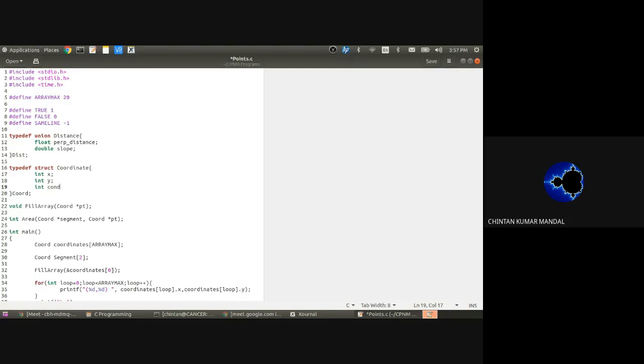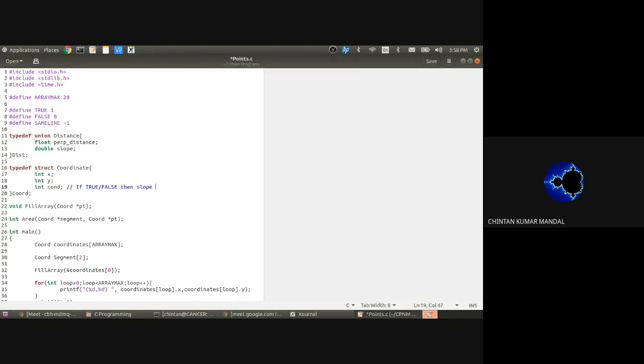Okay, so the condition is basically something like this. Okay, good. So if same line, then slope of the line, whether it is true or false.